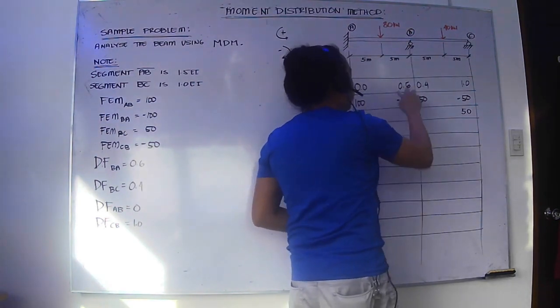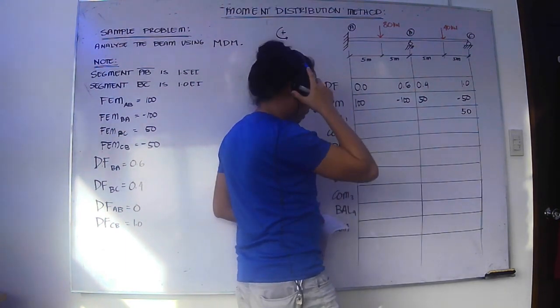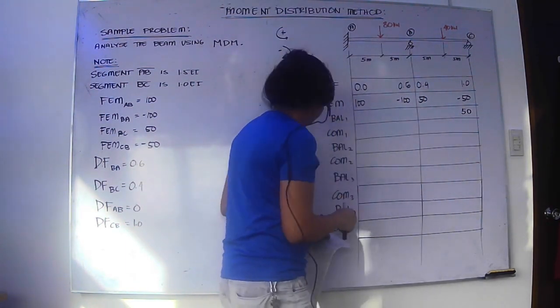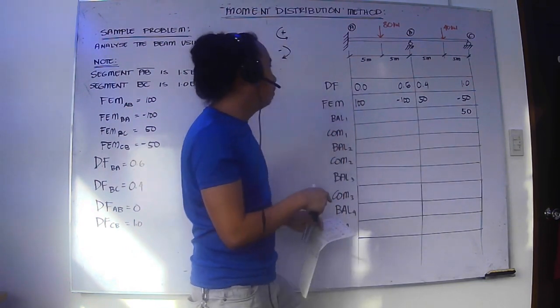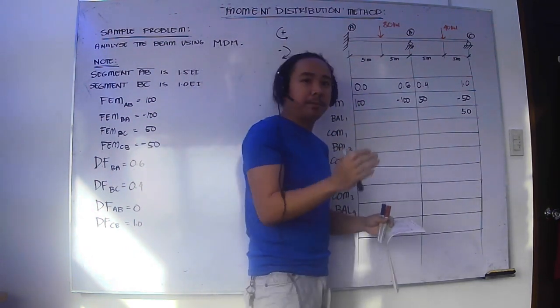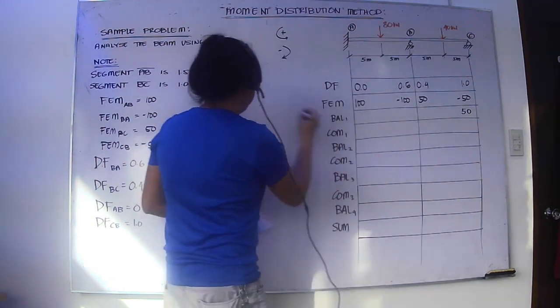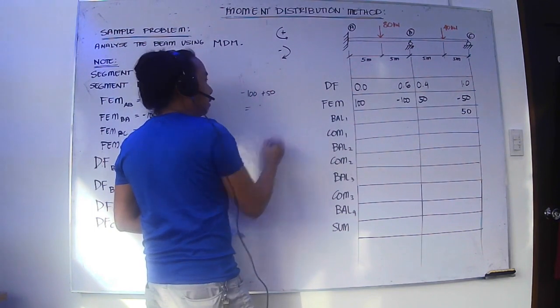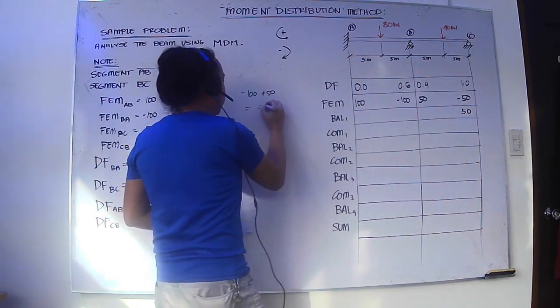Here we have the DFs. You have negative 100 and positive 50. If you add negative 100 and positive 50, you will have negative 50.